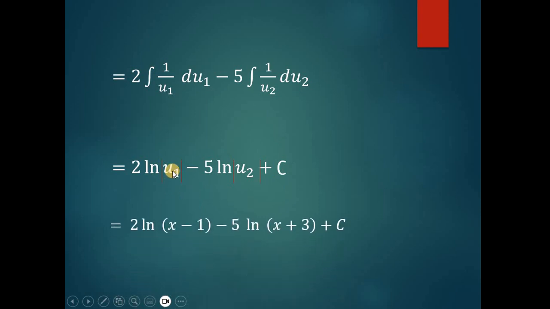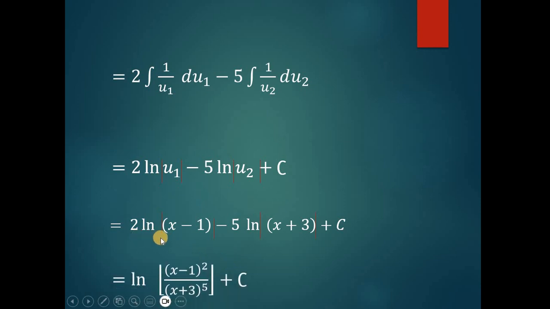So we are going to replace our u1 with x minus 1 and our u2 with x plus 3. So we are going to have 2 natural logarithm of absolute value of x minus 1 minus 5 natural logarithm of absolute value of x plus 3 plus C, the integral constant.